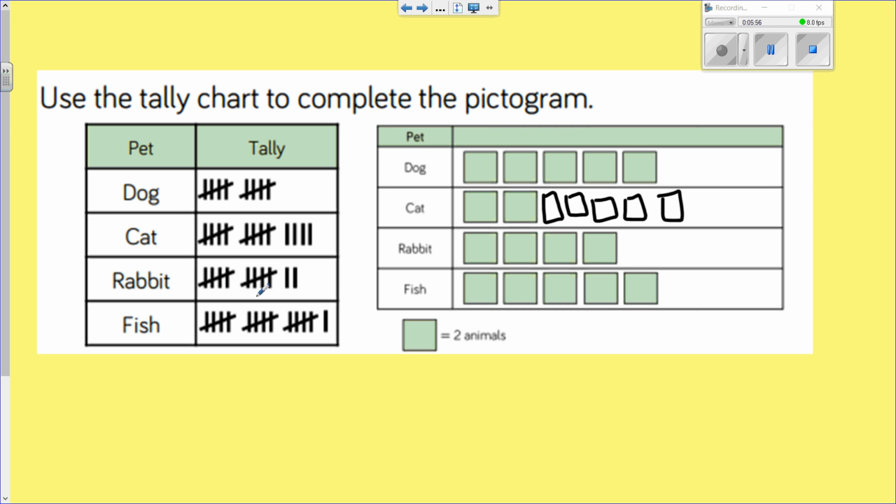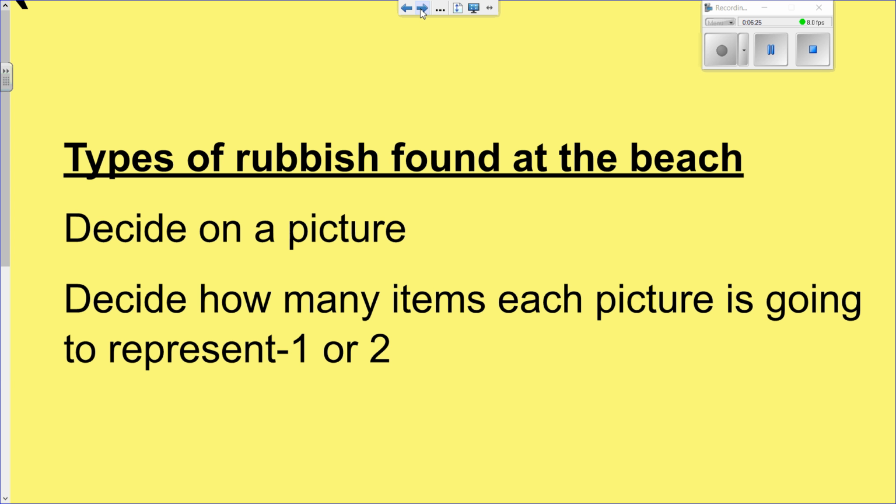And then the rabbits, we've got 12: 2, 4, 6, 8, 10, 12. And the fish, we have 16: 2, 4, 6, 8, 10, 12, 14, 16.